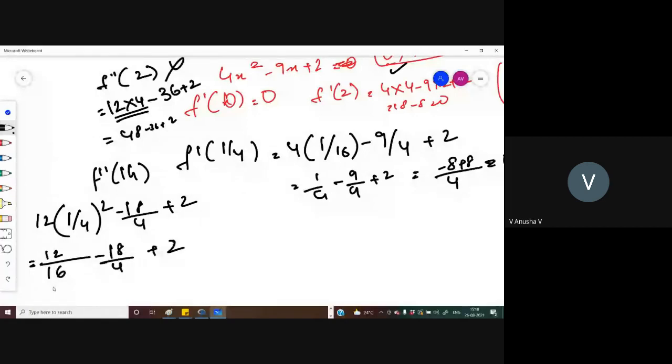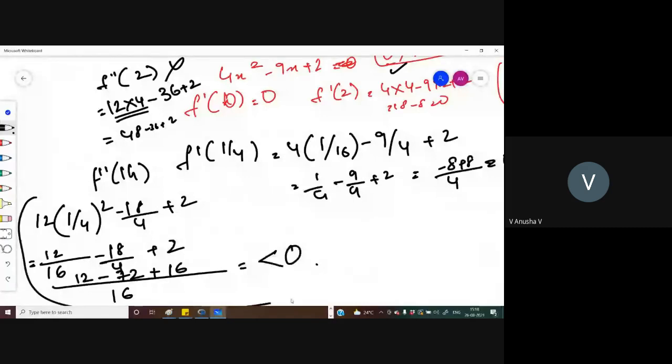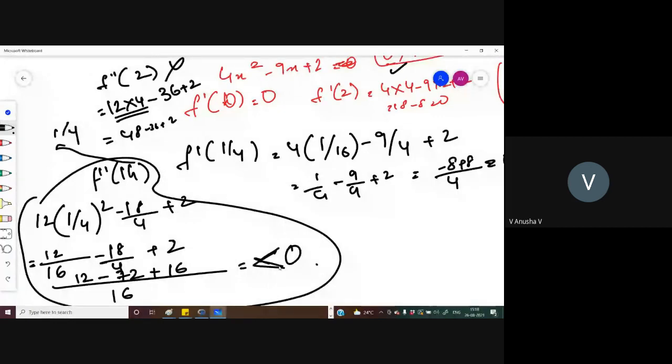So here it will be 12 by 16 minus 18 fourths, plus 2. So you'll be getting a negative number. So obviously this will be less than 0. So this is the stationary point for which you are getting the maximum value of f(x), which is nothing but the maximizer. So in this way you need to find the values.